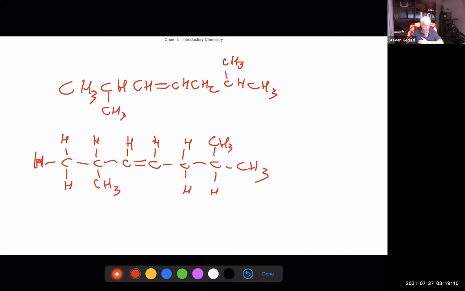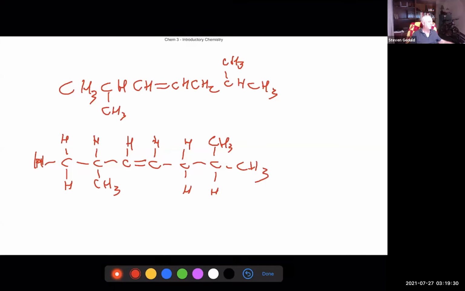That's your structural formula. Okay. That should do that.